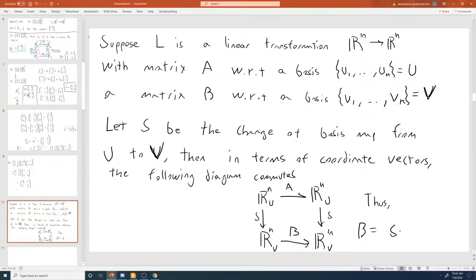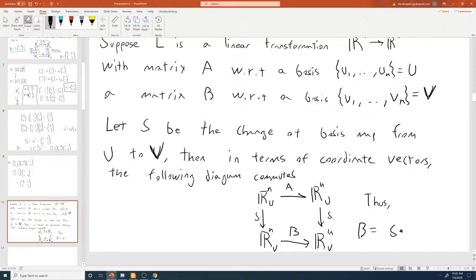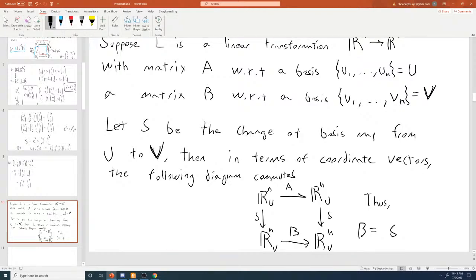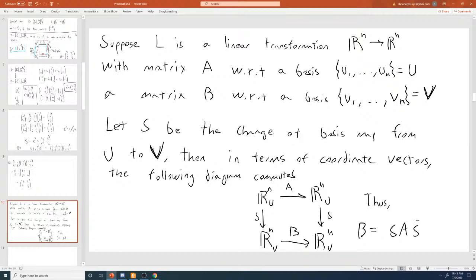S times A times S inverse, where this is basically the matrix computation.